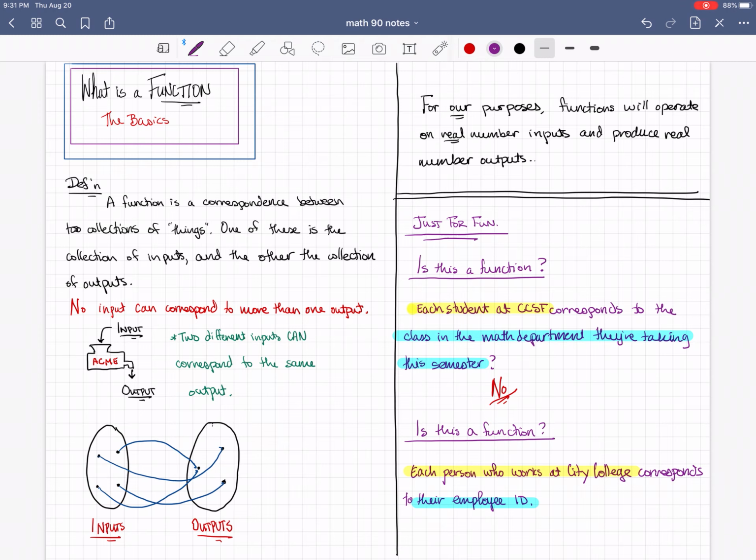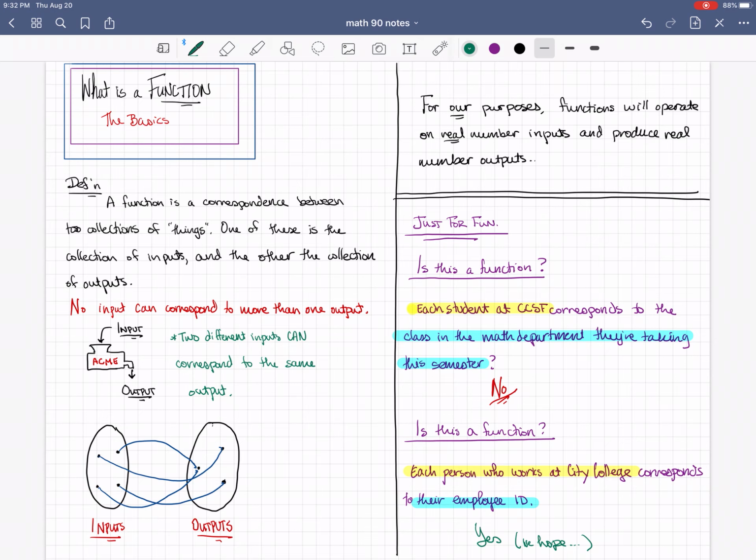So, at least by design, no person at City College should correspond to more than one employee ID. So, yes. And then just to add a little bit of reality in there, we hope, right? There may be glitches, but at least the way that the system is designed, no person should correspond to more than one ID. That would be ambiguous and very hard.